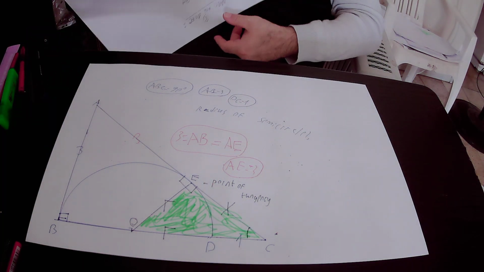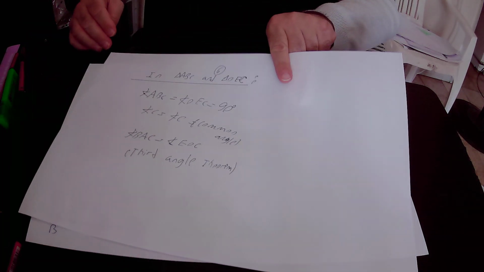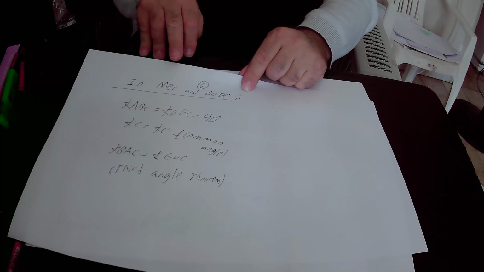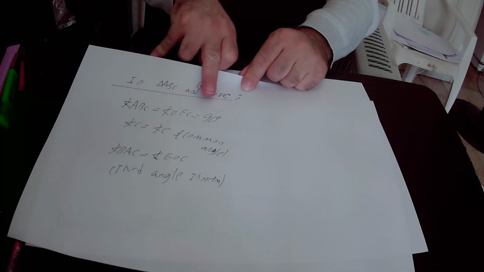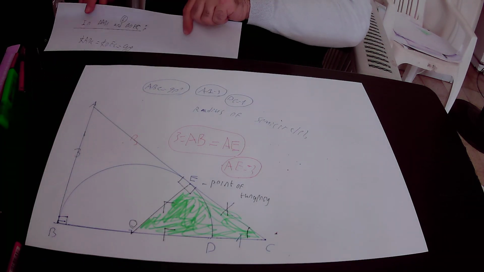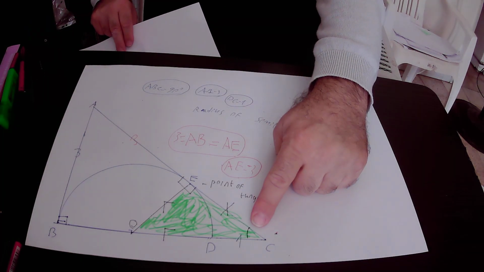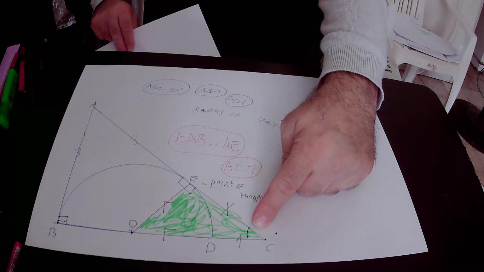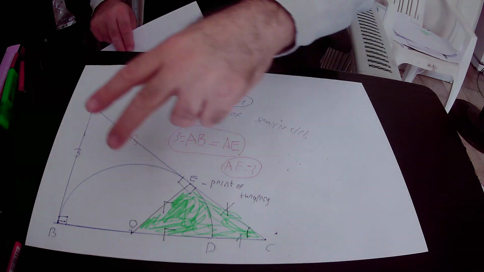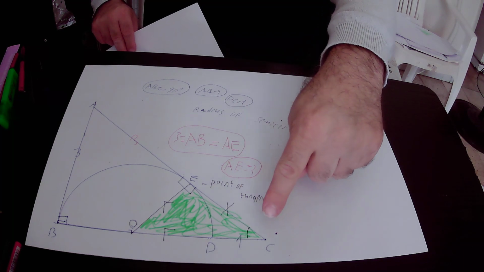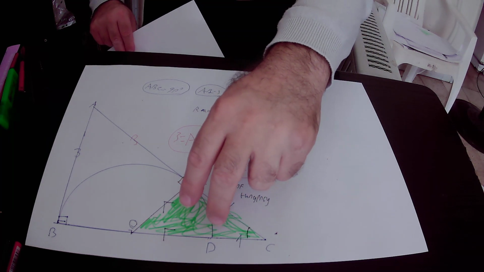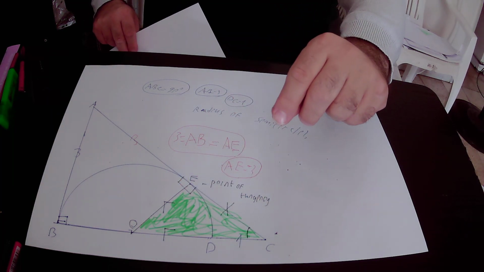So angle ABC is equal to angle OEC, and both of them are equal to 90 degrees. They are right angles. This angle is a common angle. It belongs both to triangle ABC, and this angle also belongs to the green triangle, triangle OEC.